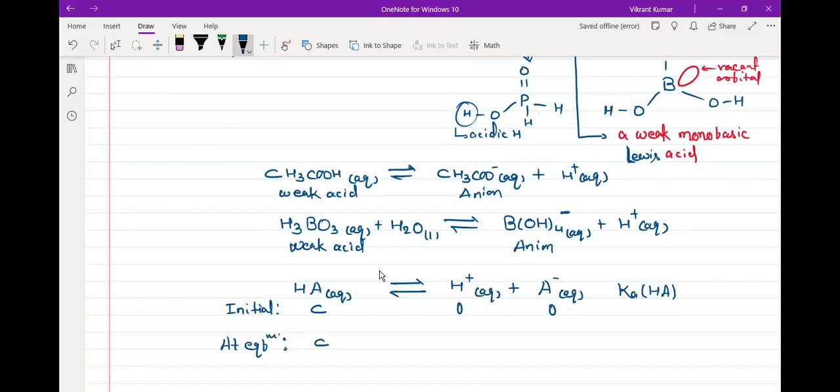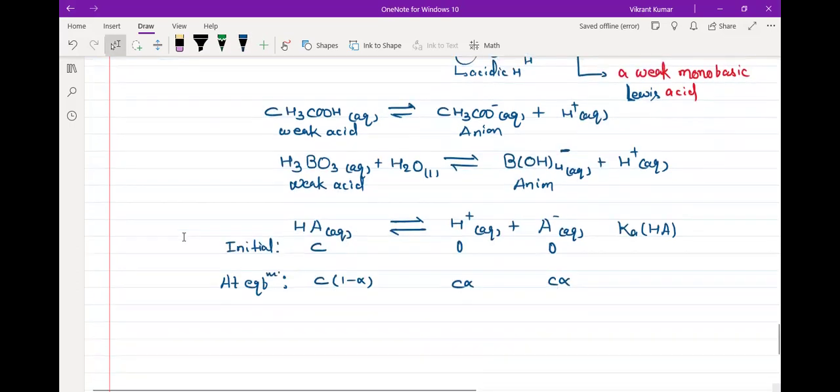at equilibrium after ionization, I can write this will become C into 1 minus alpha, this will become C alpha, this will become C alpha, है ना? ये सब किया है हम लोगों ने कई बार, स्टार्ट में लास्ट क्लास में भी हम लोगों ने किया था. The consumption of it will be C alpha, so it will be produced C alpha, and this will also be produced C alpha.